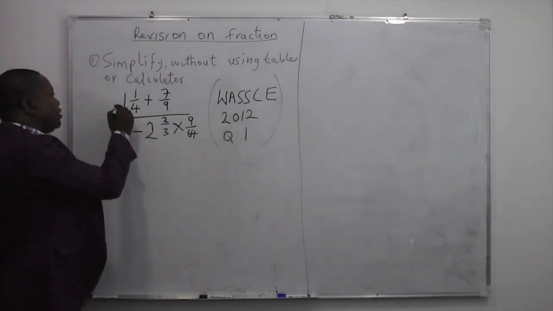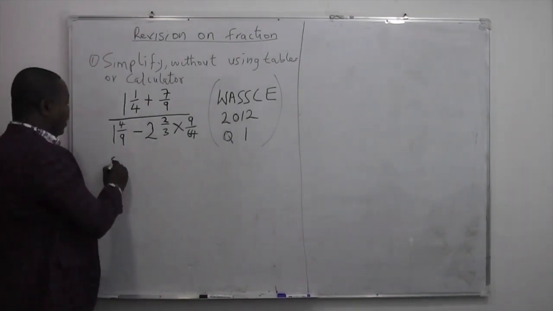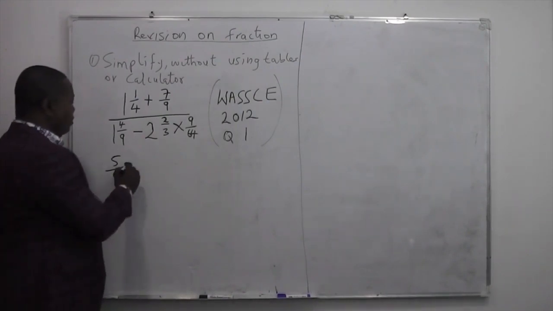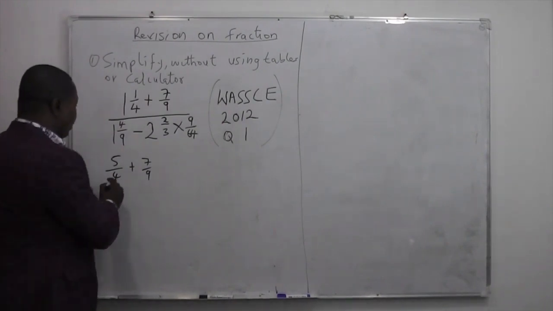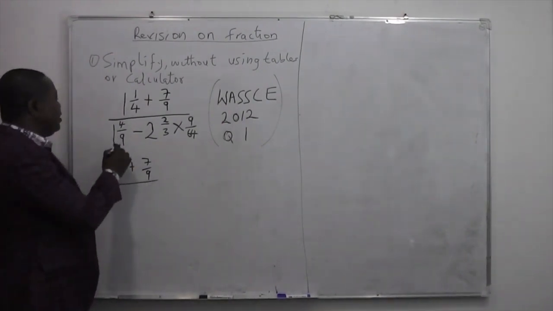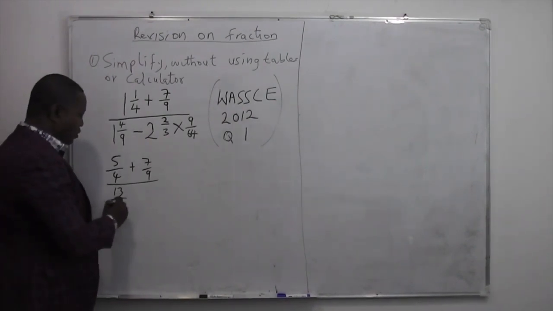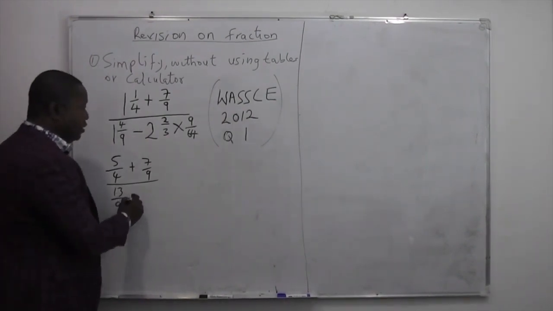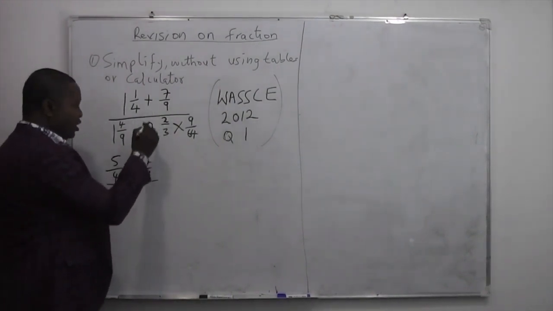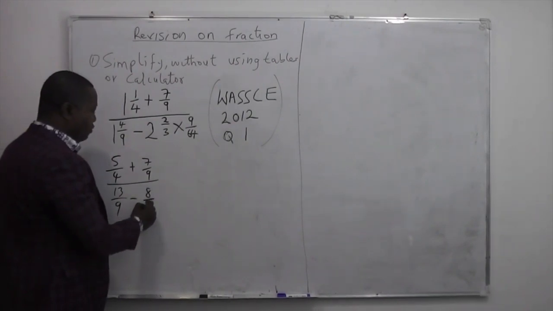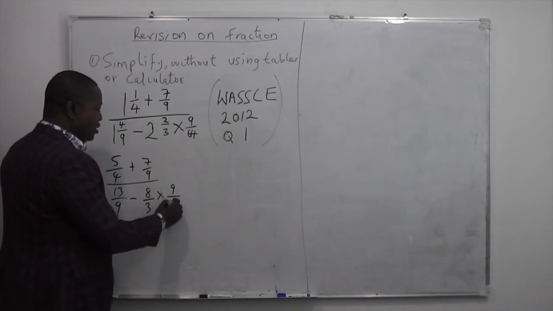Now, 4 times 1 is 4, plus 1, 5 over 4, plus the result remains 7 over 9, all over 9 times 1 is 9 plus 4, 13, all over 9, minus 3 times 2 is 6, 6 plus 2 is 8, so we have 8 over 3 times this one remains 9 over 64.